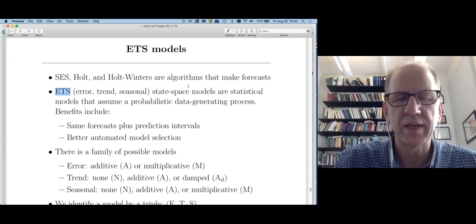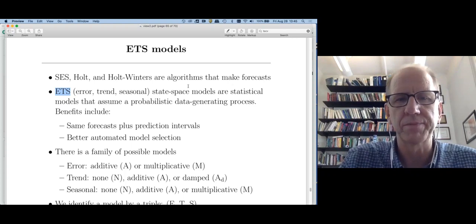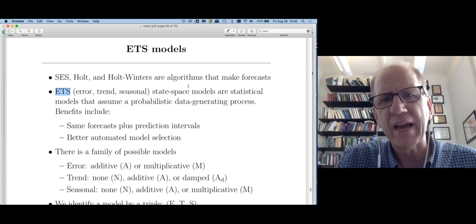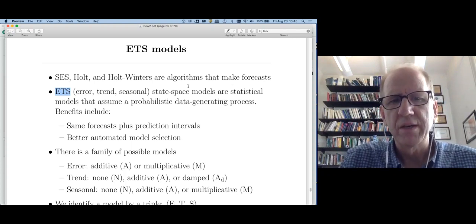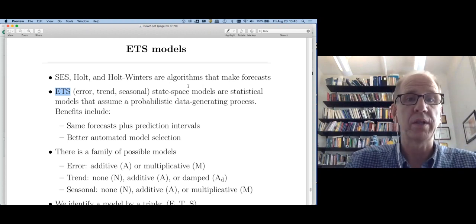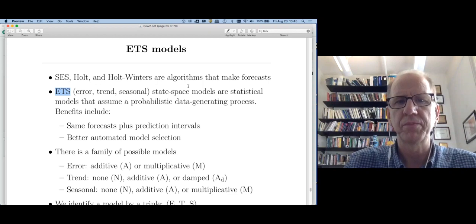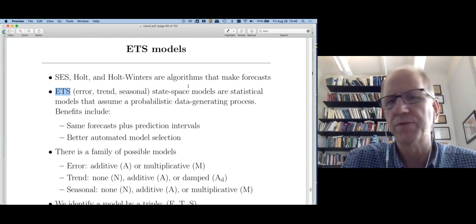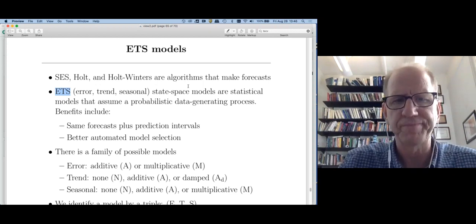That really has to come from these state space models. The second big advantage is a more general process for automated model selection. So these are very powerful models that we're covering here.